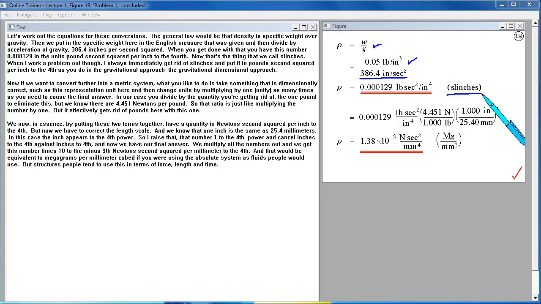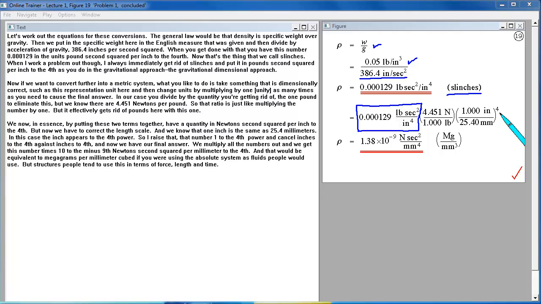When I work a problem out, though, I always immediately get rid of slinches and put it in pounds second squared per inch to the fourth, as you do in the gravitational dimensional approach. Now, if we want to convert further into a metric system, what you like to do is take something that is dimensionally correct, such as this representation here, and then change units by multiplying by 1 as many times as you need to get the final answer.